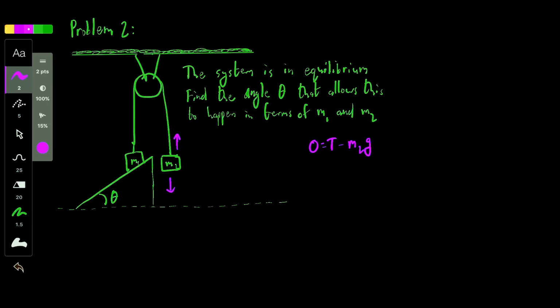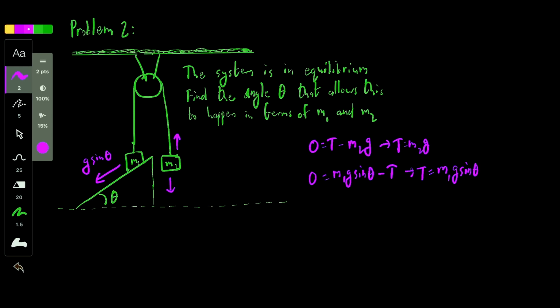Now, what also is 0 is the acceleration on m1. If you looked at my last video for inclined planes, or if you already know this, you'll know that the acceleration downwards is g sine theta. So our force is m1g sine theta minus the same tension in the string. Solving both of these equations for tension, we get tension is equal to m2g, and tension is equal to m1g sine theta.